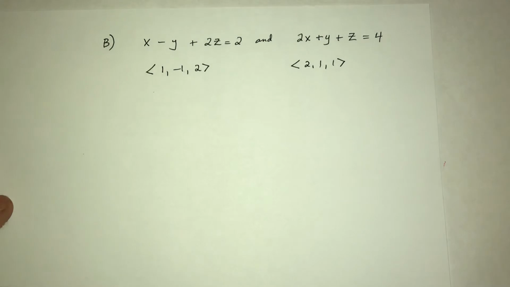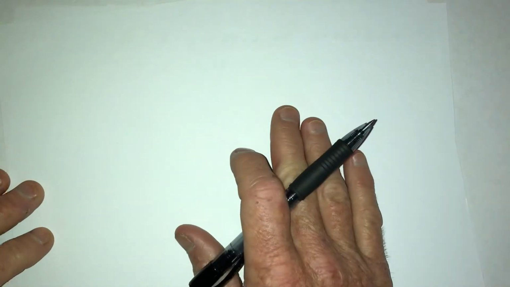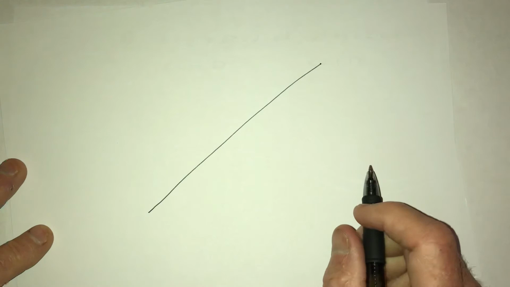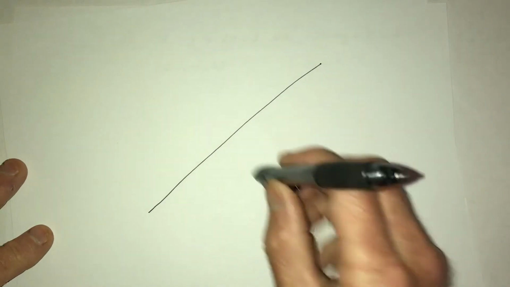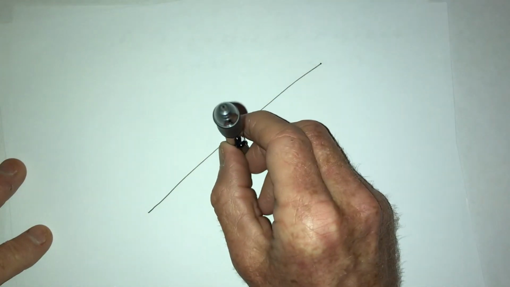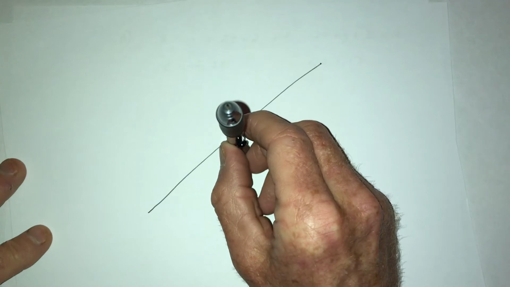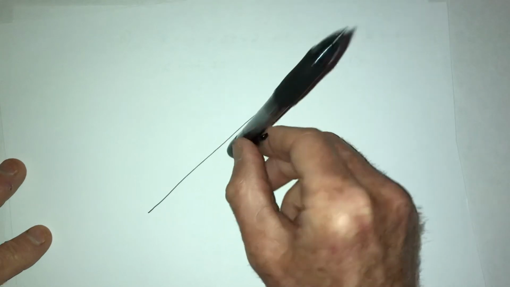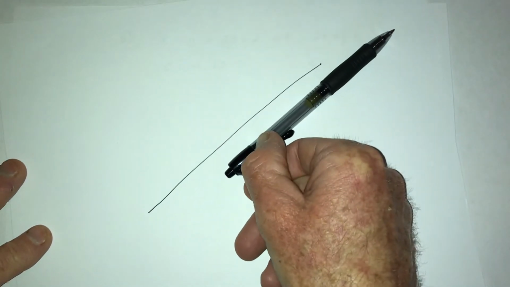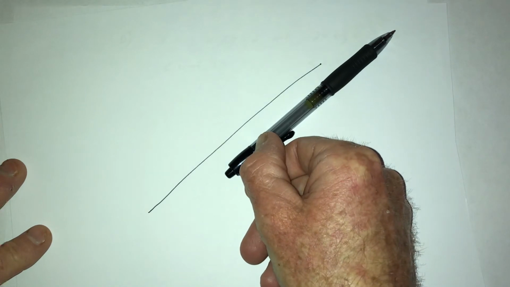Now, let's say that this is one of the planes, and we're looking for the equation of this line. So right now I have the vector that's perpendicular to the piece of paper, what I need is one that is parallel to the line.